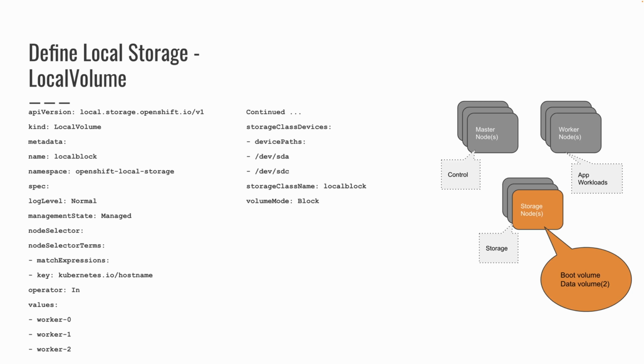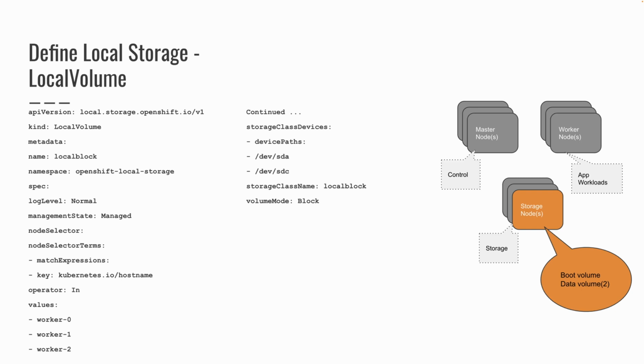And the size of these two devices has to be uniform across the worker nodes. For example, if sda is 100 gigabytes, then there should be a 100 gigabyte sda device on worker 0 and worker 1 and worker 2.